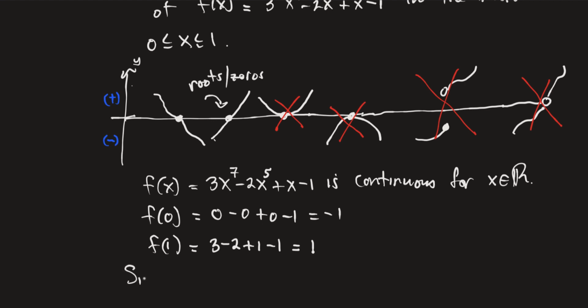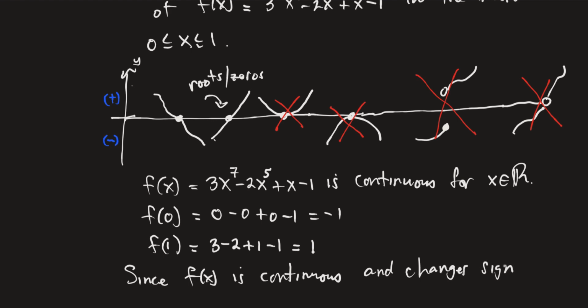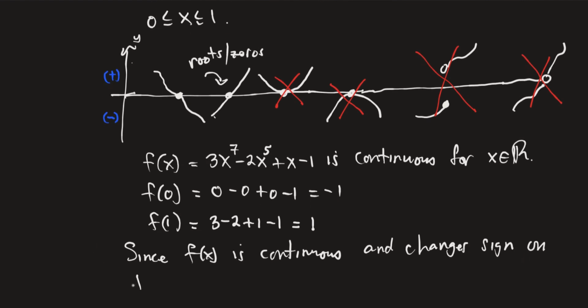So since f of x is continuous and changes sign, not sine, changes sign on the interval 0 to 1, by the IVT, right? So by the IVT, there has to be at least one solution to this equation.